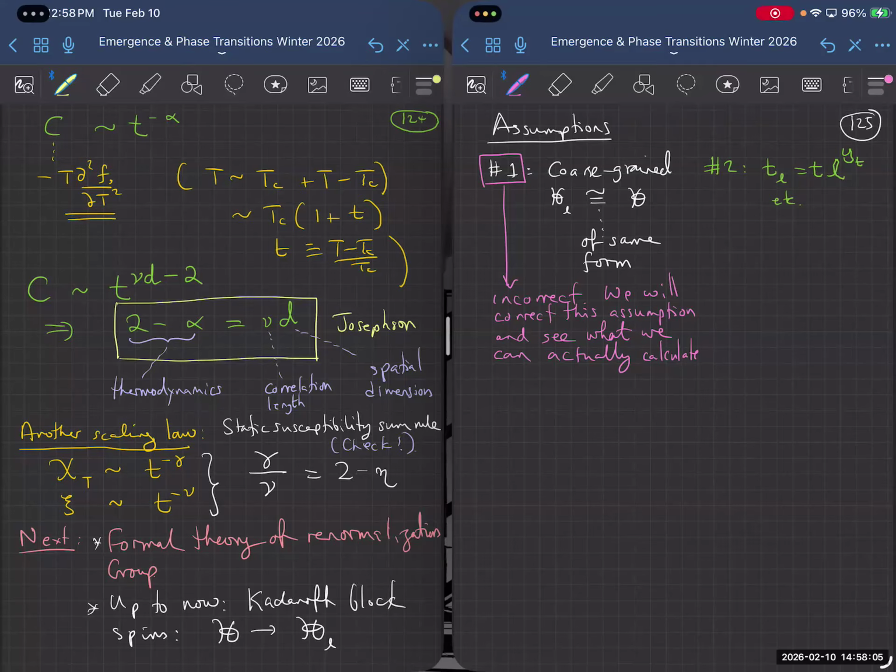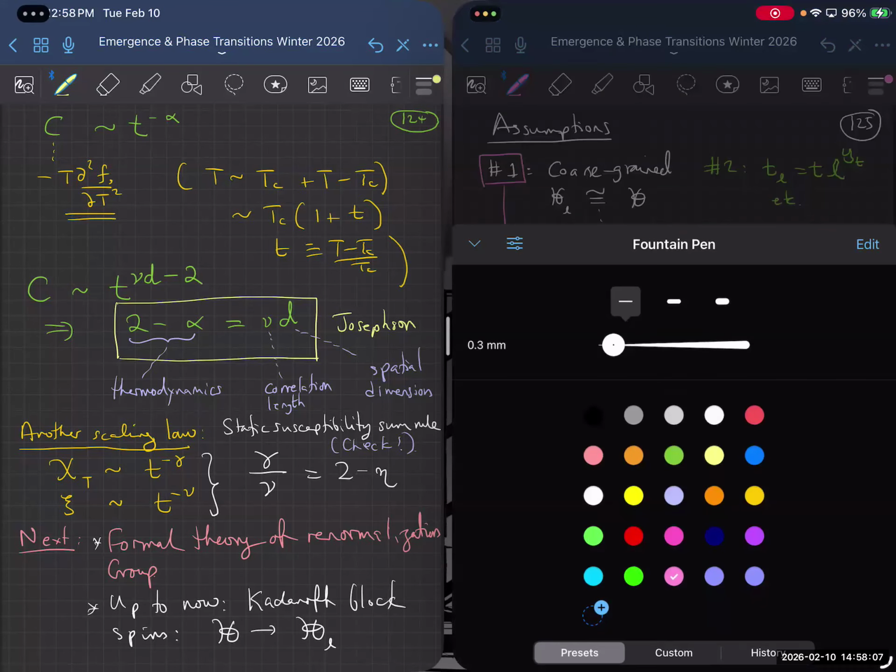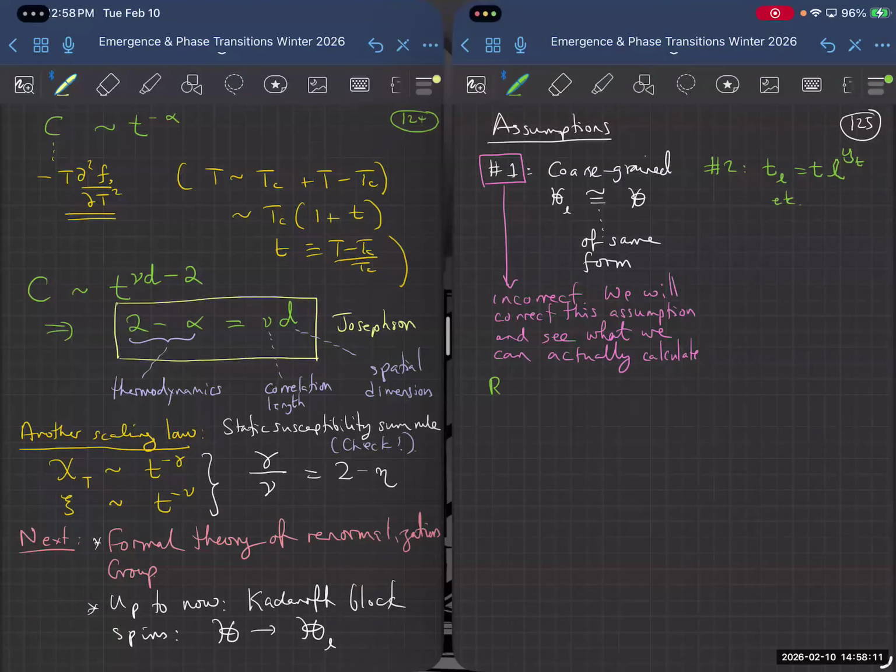Those things, generally speaking, are virtually impossible to do. And what we're going to see is what the RG tells us is that we don't need to do it, in fact. So it's not necessary to compute this coarse graining in detail.